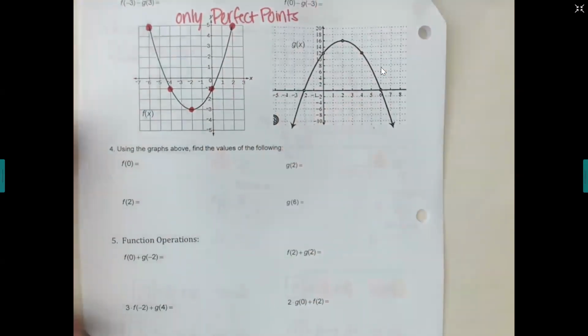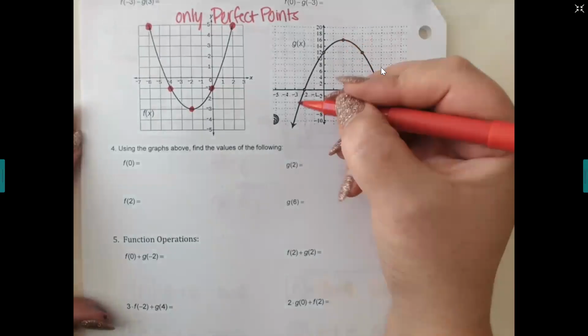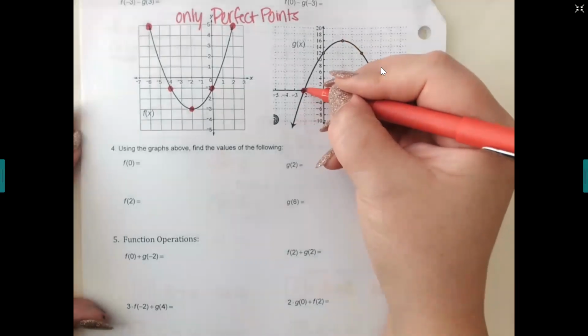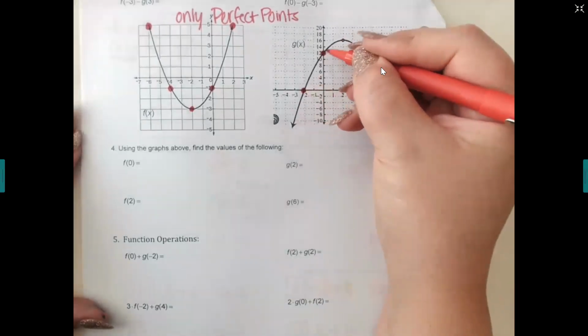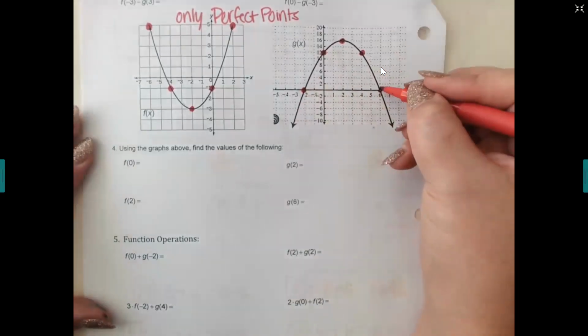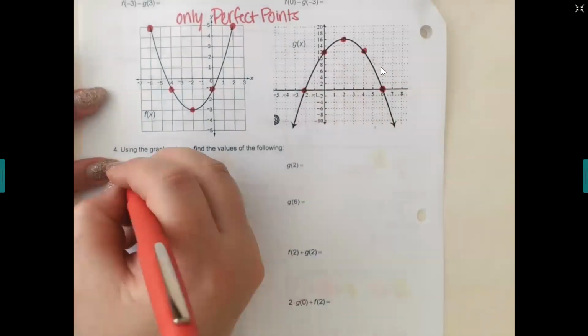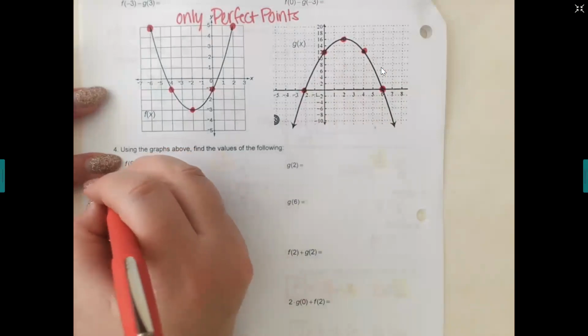Then I'm going to look at the second graph, mark only the perfect points. So I have one here, here, here, here, and here. So step 1, you're going to mark all your perfect points. Then if you're trying to find f of 0, 0 is the x value.